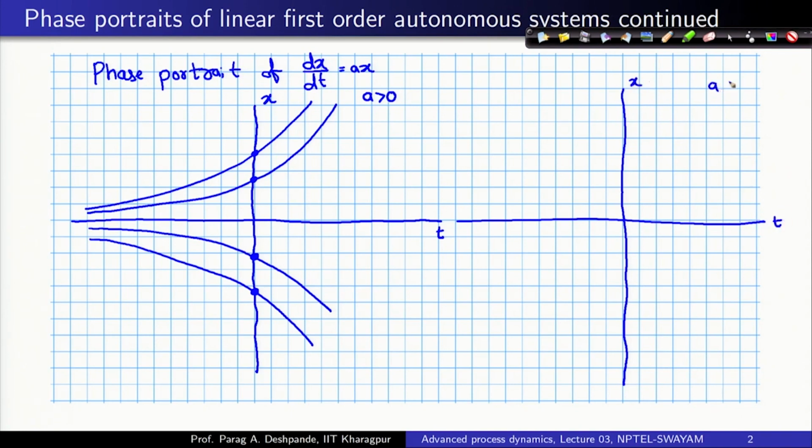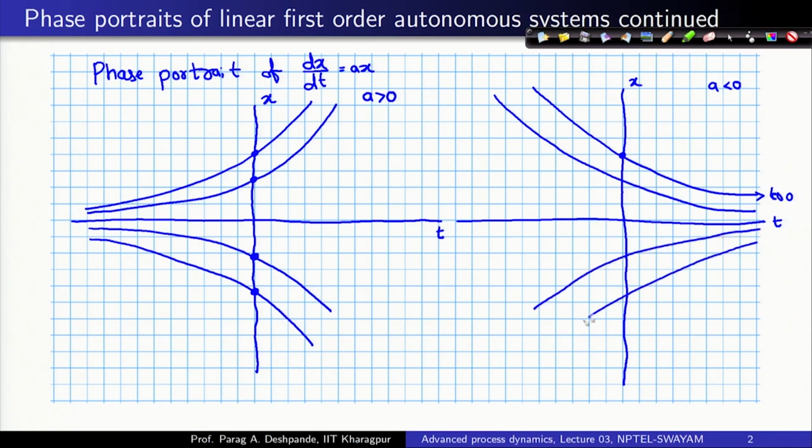For A less than 0, if you start with a particular initial condition, then what is going to happen is that you will exponentially go to 0, okay, and all of this will tend to 0 with different initial conditions.